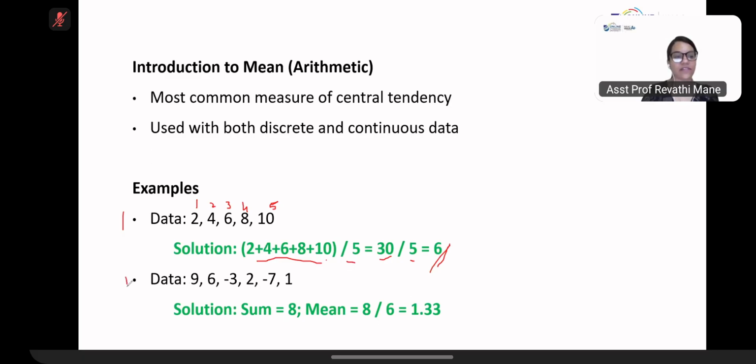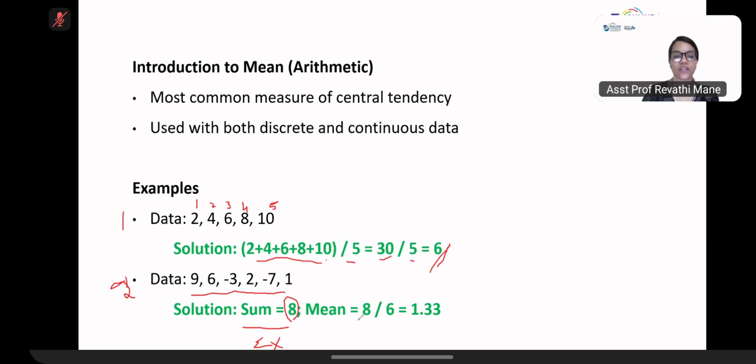And we have another data, example number 2. 9, 6, minus 3, 2, minus 7 and 1. So how to calculate mean? First you have to take the sum, that is your summation of x, which means you will add all the numbers. So what you will get for this particular data? Answer as 8.